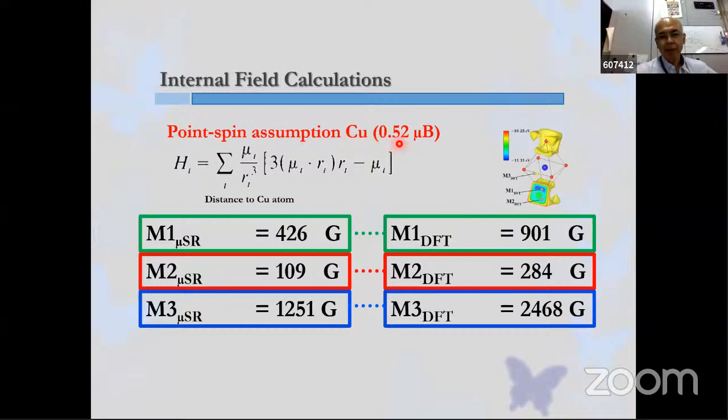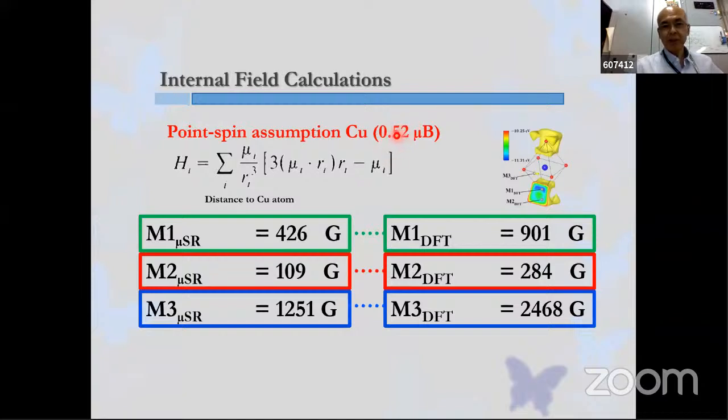In order to reproduce a realistic condition of the magnetic moments, for instance the copper 0.52 μB was given from the neutron scattering experiment. But neutron scattering can give us only the total sum information of the distributed magnetic moment. How the moment is distributed, neutron cannot give us. Only DFT can give us that information.